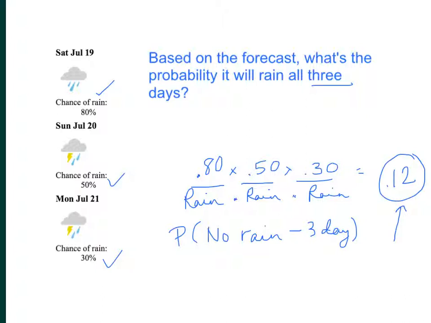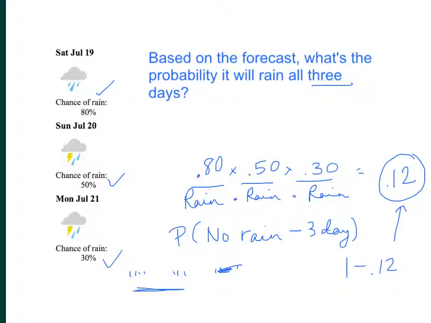If I were to do 1 minus 0.12, that's the complement of rain all 3 days. Well, there's a lot of things that can happen between rain all 3 days. There's rain day 1, rain day 2, and not rain, right? It might rain on one of the days and not on 2 of them. Or it might rain on 2 of the days, but then not rain on the 3rd.